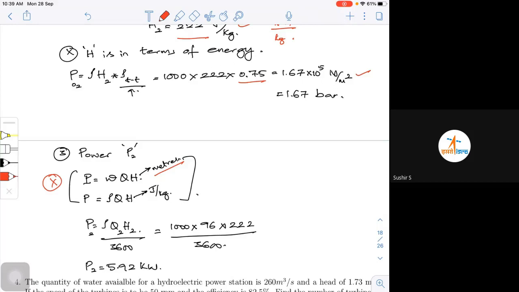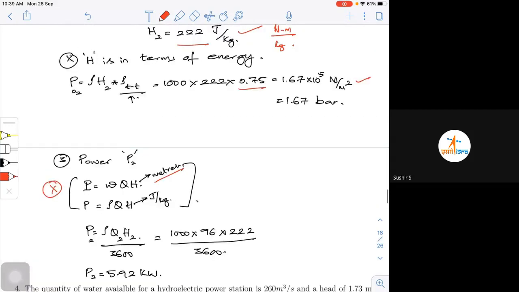I should get joules per second or Newton meters per second. Once I use that formula, I write rho into Q2 into H2 and I get my power, which is 5.92 kilowatts. This problem I've taken because the value of H is in joules per kg. The same value I can give in meters also, and you can easily calculate the corresponding power.